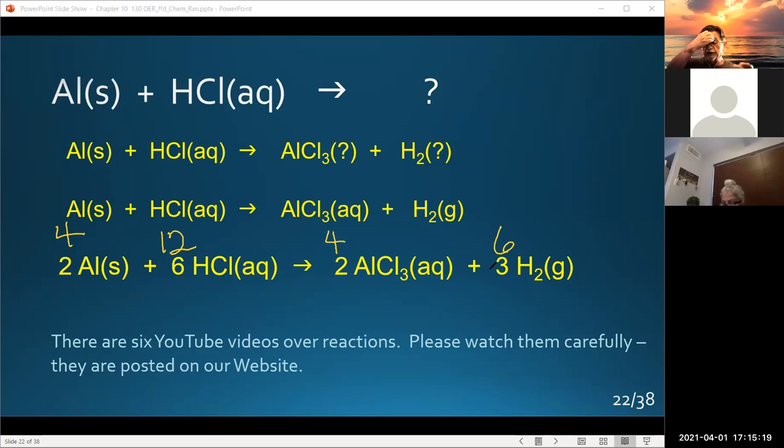Just like in mathematics, bring it to its lowest terms. So yes, 4 aluminum, 12 hydrochloric acids, 4 aluminum chlorides, and 6 hydrogen gases are balanced, but by convention, you want to present your balanced chemical equation with the lowest common coefficients possible. So in this case, everybody here is basically divisible by 2.